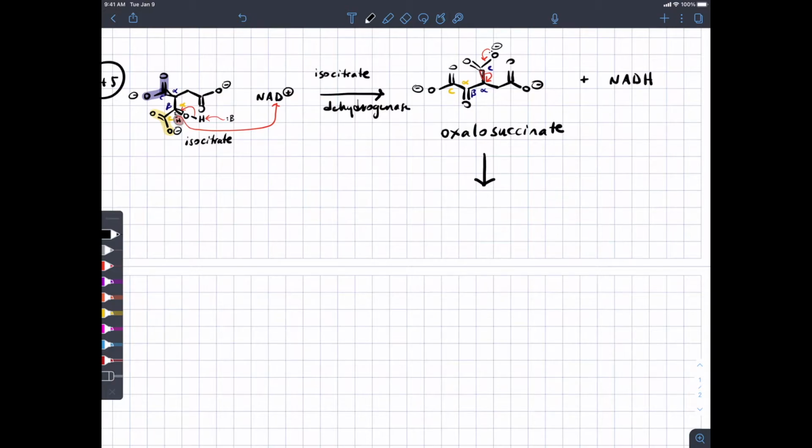All right, loss of CO2 is irreversible. Having lost one CO2, we're left with a 5-carbon molecule. And this is the enolate.